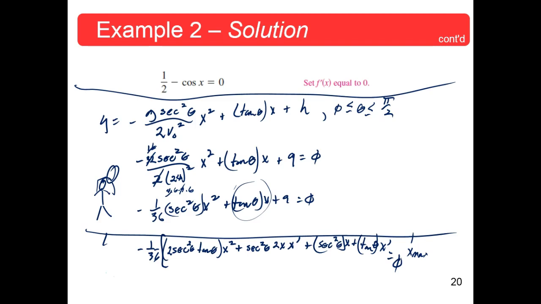Wait a minute, they just start with this. They haven't taken a derivative yet. Goodness gracious, what are they doing? They're not taking a single derivative, okay? They're just monkeying around with the quadratic formula here.